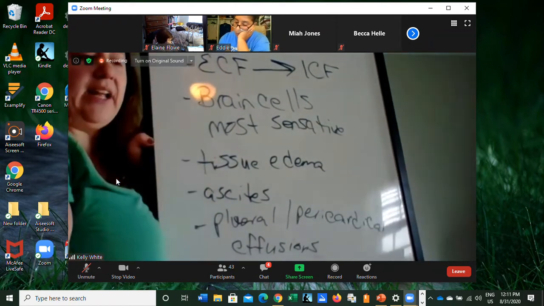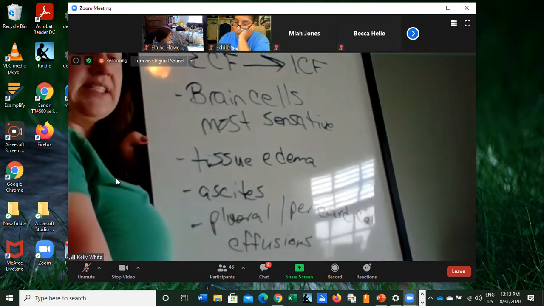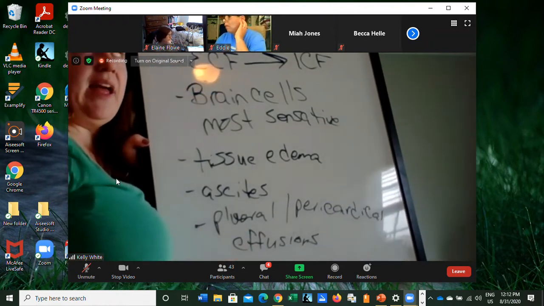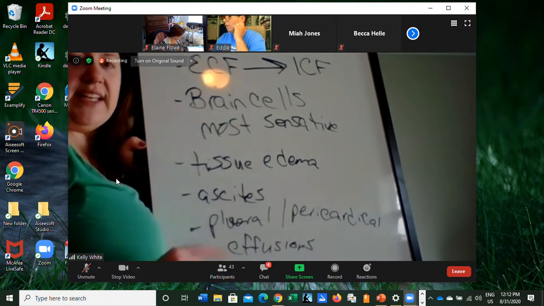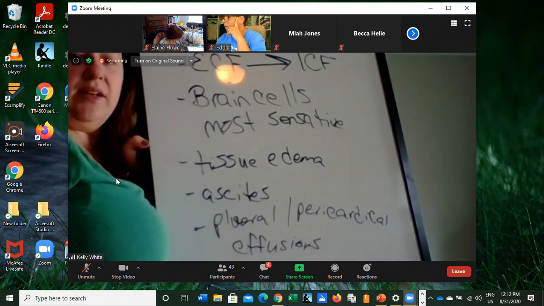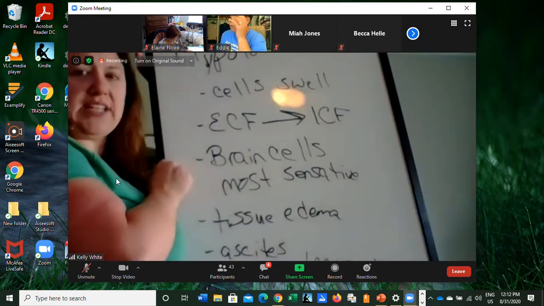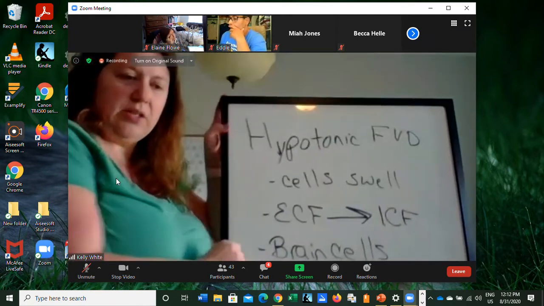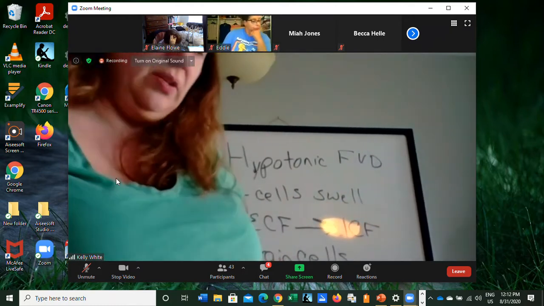I really like the little picture diagram because it helps explain it in my head what's happening to these cells and where the fluid is based on what type of issue or what type of dehydration it is. So if you're hypertonic, you've got the shrunken cells.